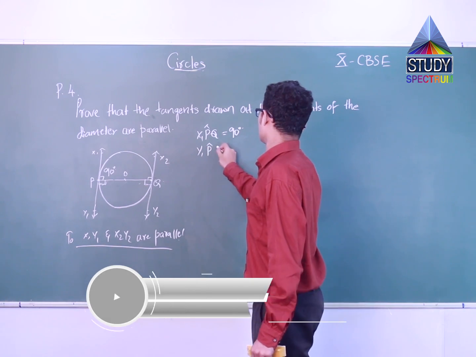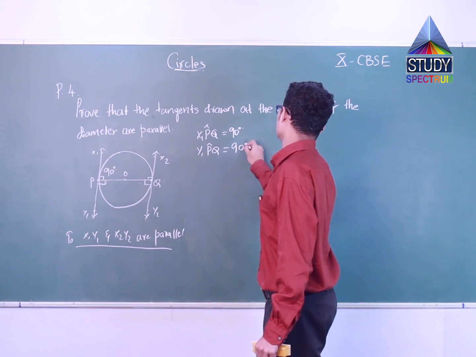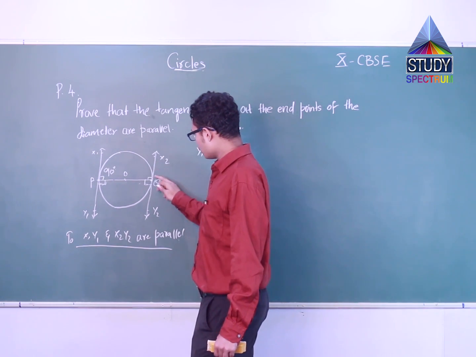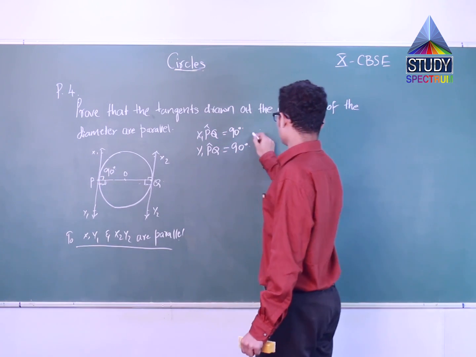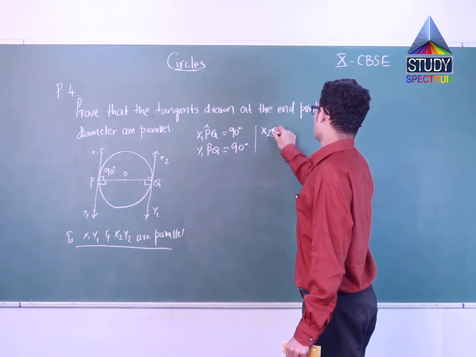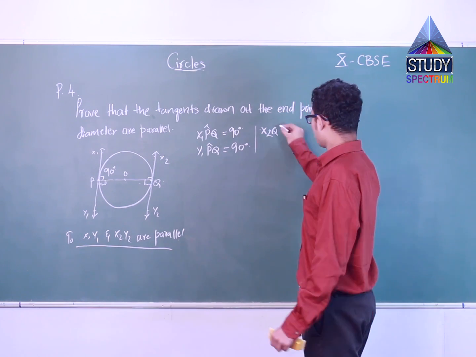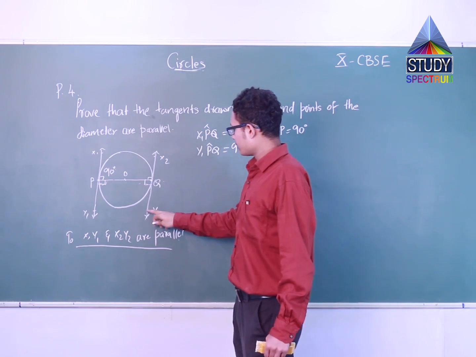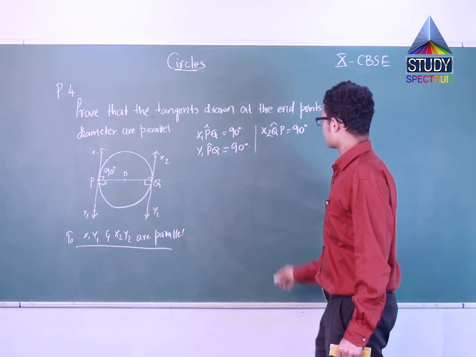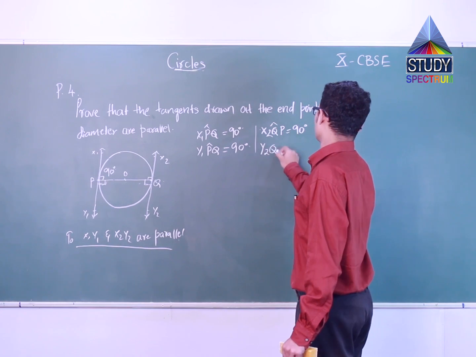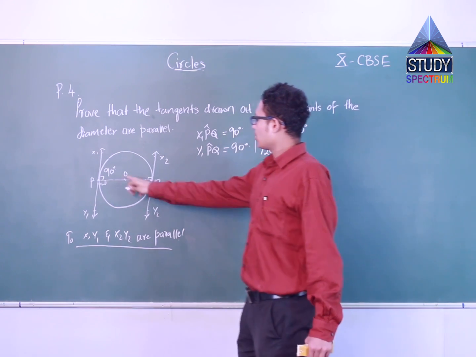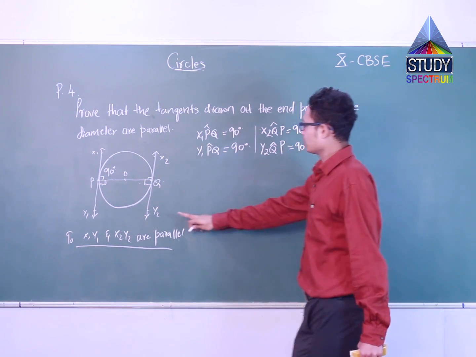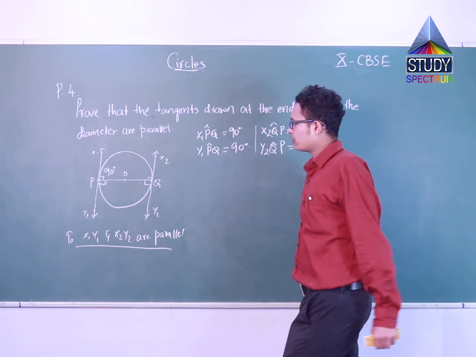Similarly, on the right hand side you have x2QP as 90 degrees. Again, y2QP is 90 degrees. From theorem 10.1, I've written all these angles as 90 degrees.